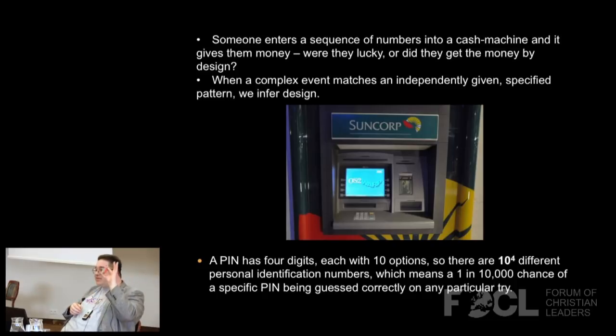A 1 in 10,000 chance, in other words, of a specific PIN being guessed correctly on any particular attempt. Of course, the more tries that you have, the more likely it is that you break the combination. But any particular attempt, it's a 1 in 10 to the 4, 1 in 10,000 chance.